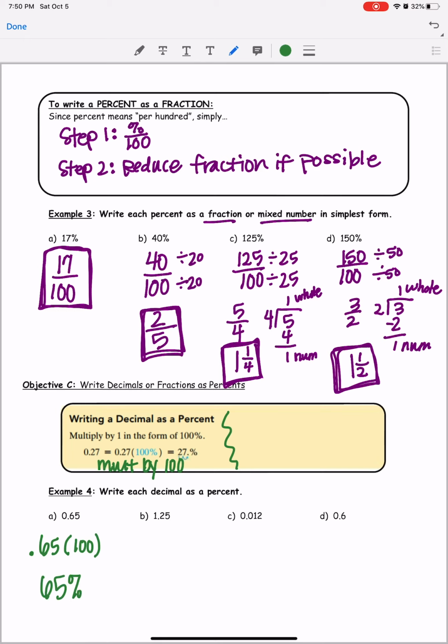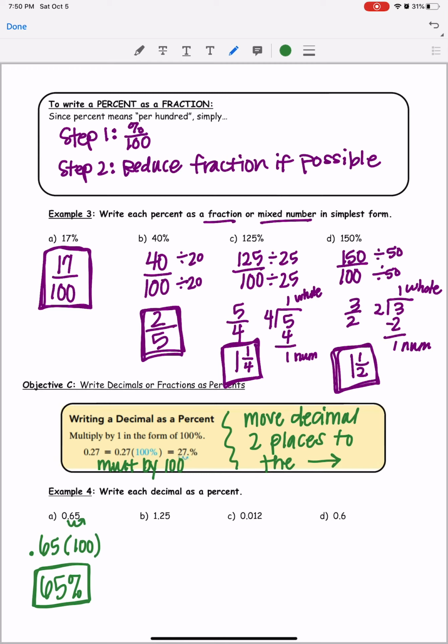So this is 65%. Because I'm going the opposite direction. Earlier we did percent to decimal, and we moved the decimal 2 places to the left. Now I'm going in the opposite direction, so you're simply moving that decimal 2 places to the right. Doesn't matter which way you do it, you get the same result no matter what.